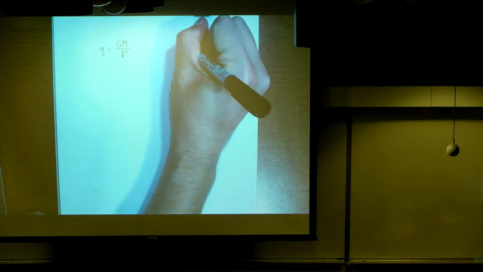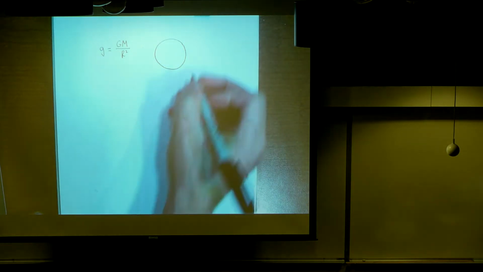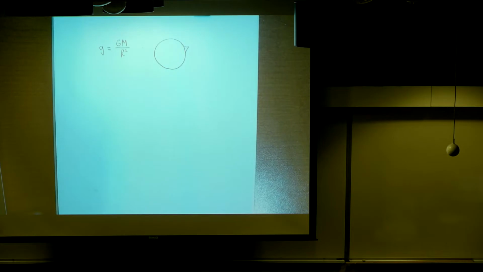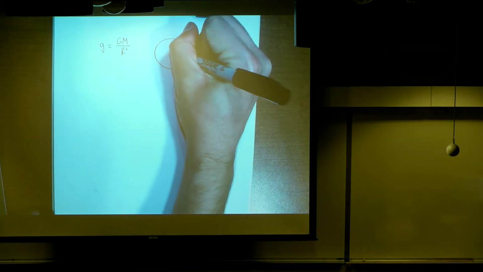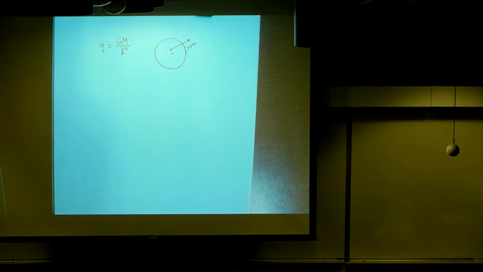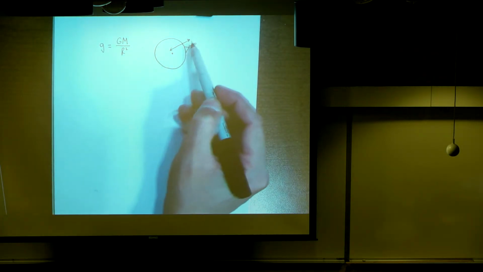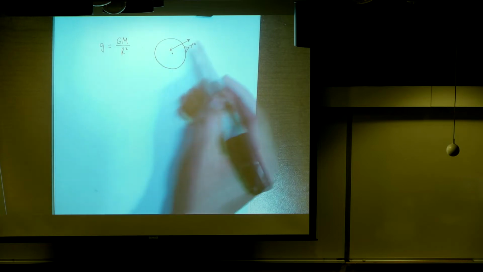So here's the picture you should have in mind. Here's the Earth, here's Mount Everest, and we are standing on top of it. So we're a little bit further away from the center of the Earth than if we were at sea level. Basically that means I'm going to have to add the height of Mount Everest to the radius of the Earth to get the full distance from the center.